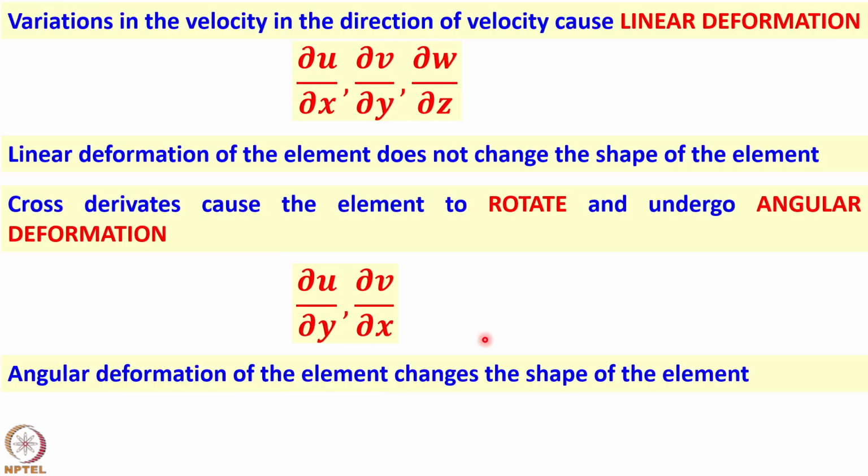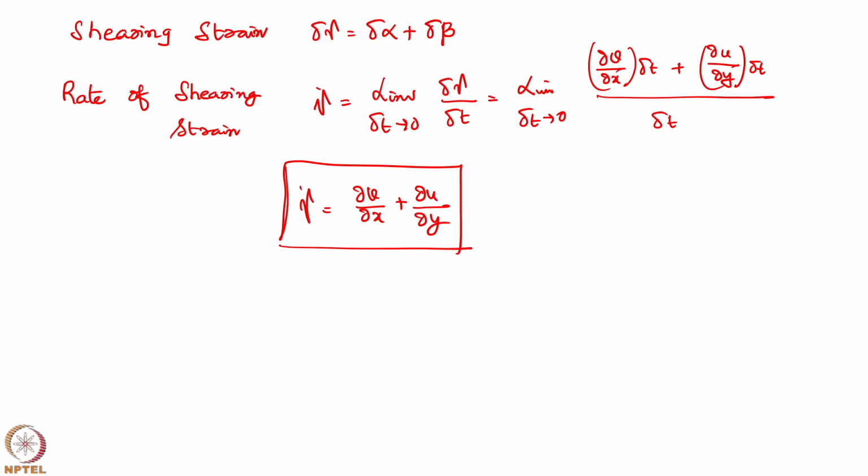So the point to be taken away is that the variations in velocity in the respective directions cause linear deformation, that is del u by del x, del v by del y, del w by del z. If these variations are occurring, that is u in x, v in y, w in z, that is what is called linear deformation.